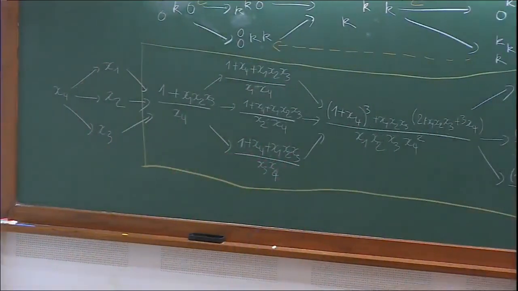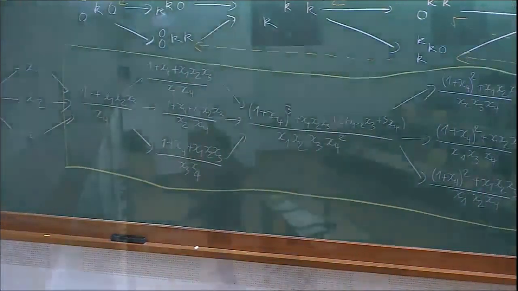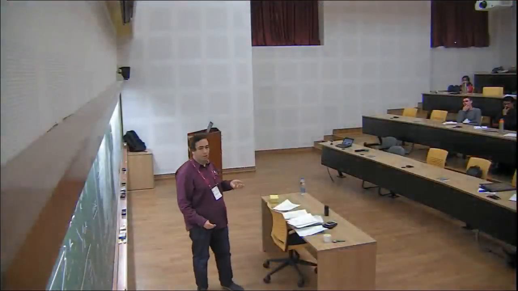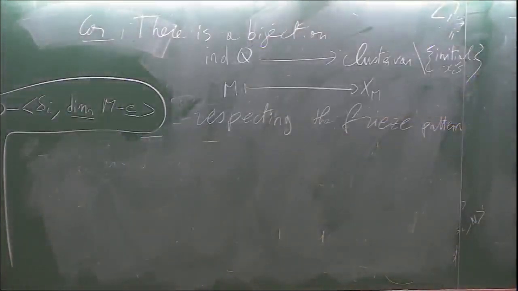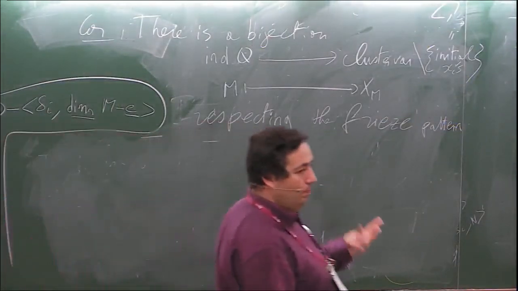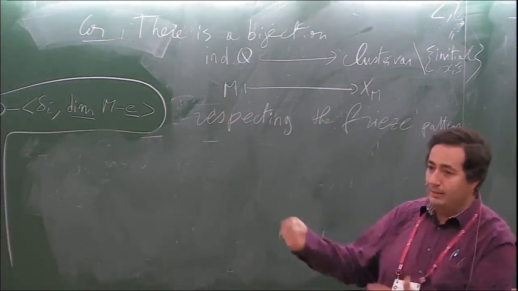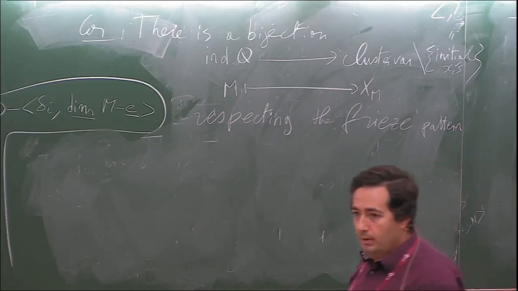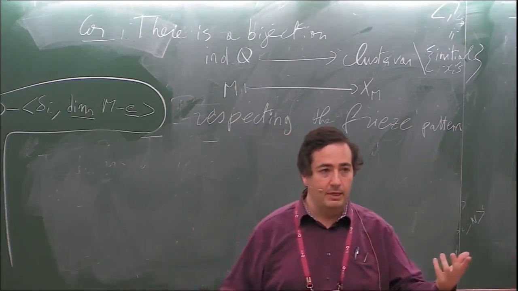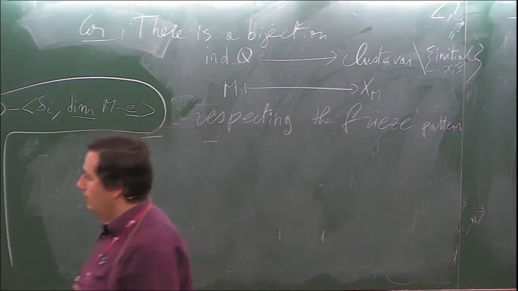So it works. And now, what do you know? You don't know all. You know that this lazy mutation, all the variables that I can obtain by lazy mutation, come from objects. Now you need to add, so if I do the proof, somehow, the proof has 2 parts, one easy, one difficult. I did the easy one, but the difficult one is to know Gabriel's theorem and the classification of cluster variables.